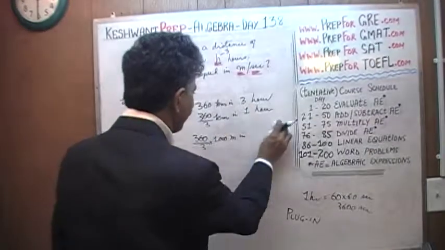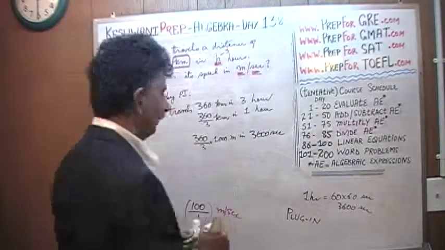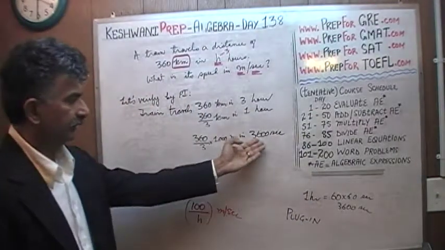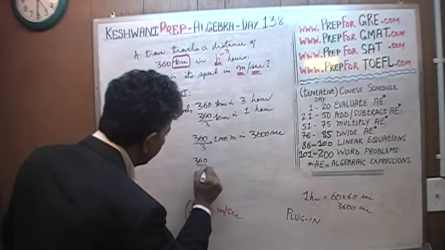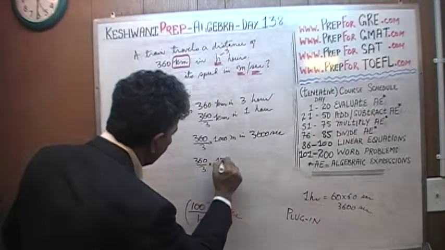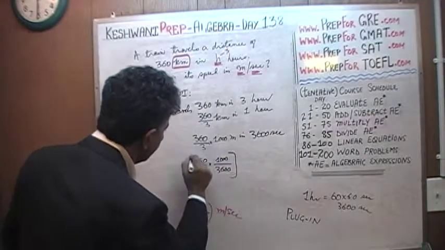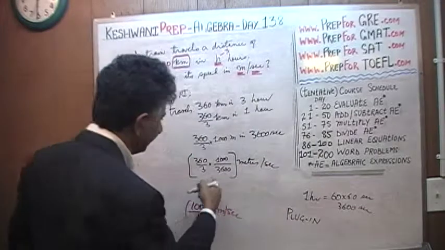So let's replace that here with 3,600 seconds. Now let's find out how much it will travel in 1 second. We have to divide this quantity by 3,600. So we get 360 divided by 3 times 1,000 over 3,600 meters per second. This is our answer.